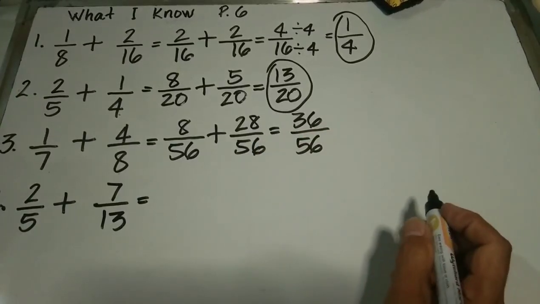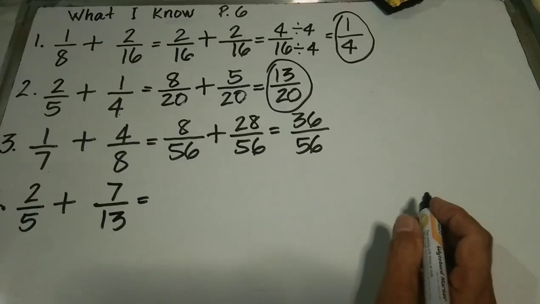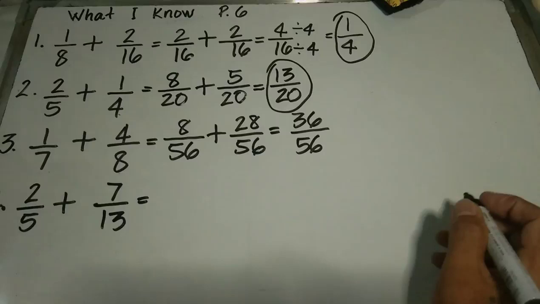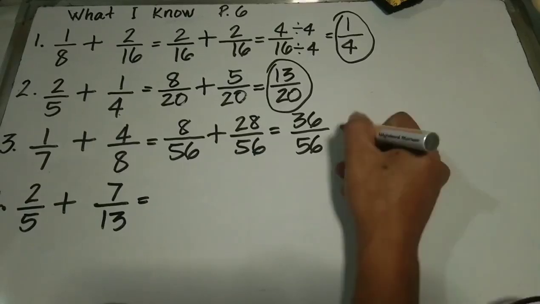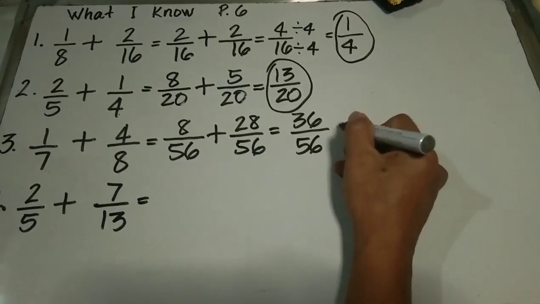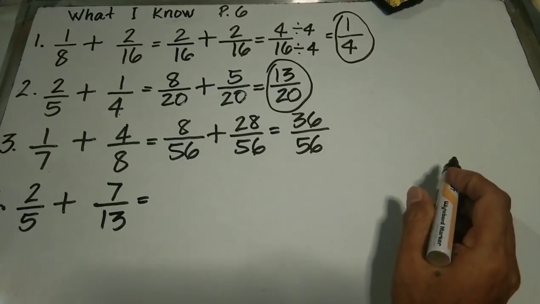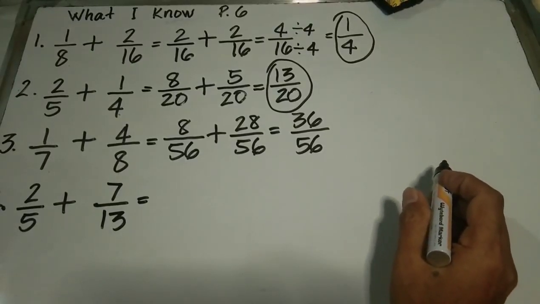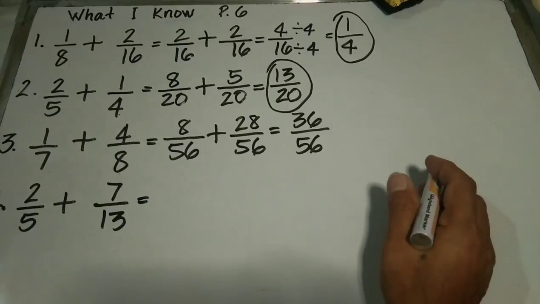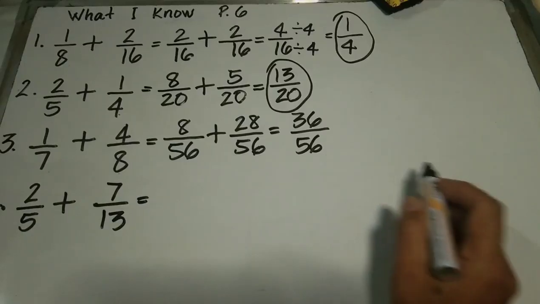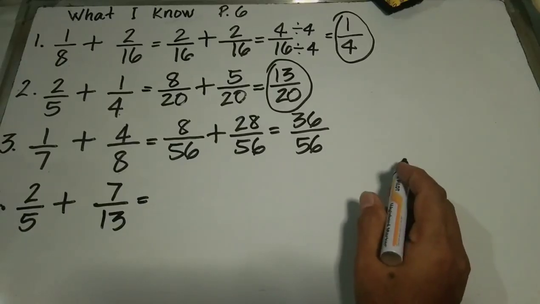Okay. So we will reduce the fraction, because all these numbers are even numbers, so it is reducible to its lowest term. So we will think of a number that can reduce the fraction. What are the factors of 36? 12 times 3, 9 times 4, or 6 times 6. 56 has factors of 28 times 2, and 14 times 4.